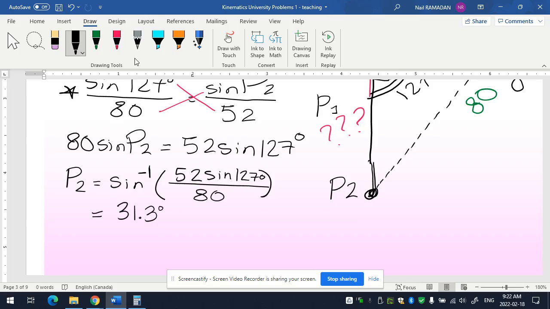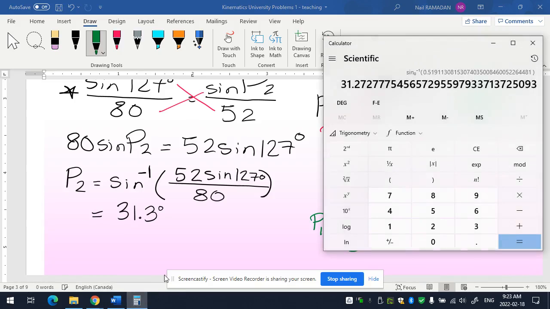So how can we calculate P1? Everyone, how can we calculate P1? What do I do? 180 minus the 127 minus that small 31. So I'm going to do this calculation here on the side. I'm going to do it in green. P1 equals 180 full minus 127 for the obtuse minus 31.3.